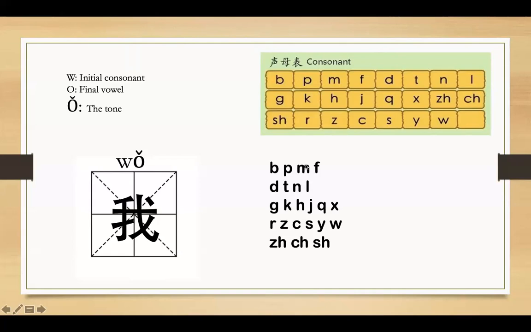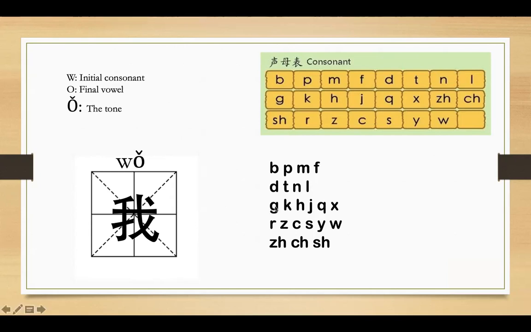Let me pronounce it for you, okay? Start from the first one. Ba, po, mo, fo, de, te, ne, le. They're pretty similar to how you would expect them to sound in English, right?